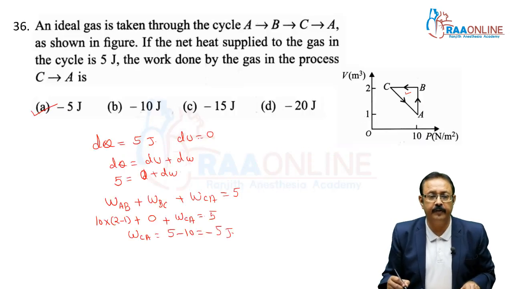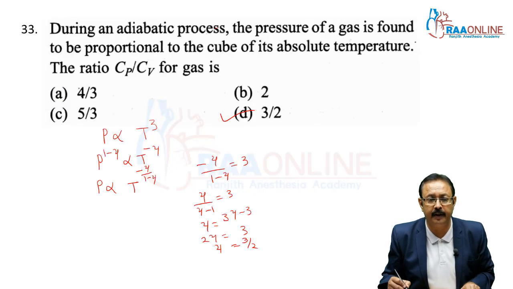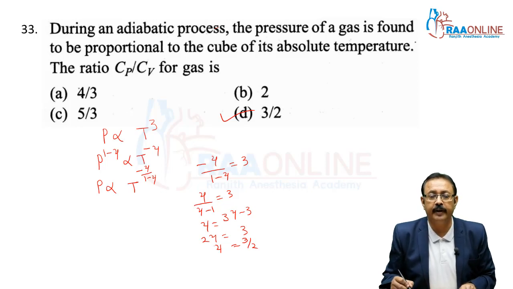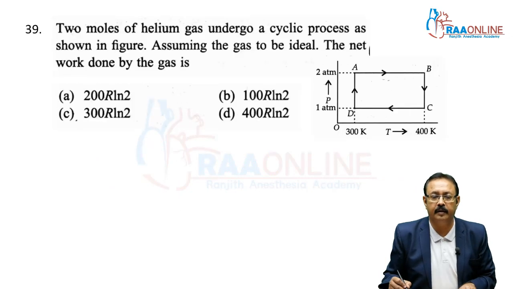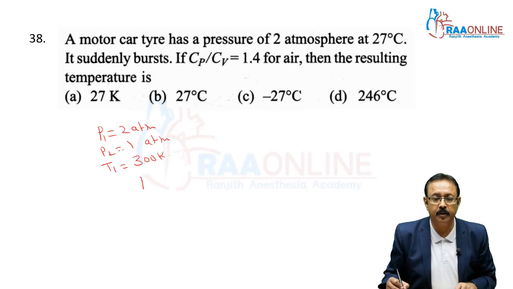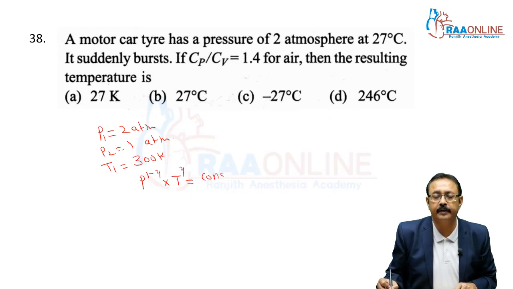What is the relation between pressure and temperature in an adiabatic process? P raised to the power 1 minus gamma into T raised to the power gamma should be constant.